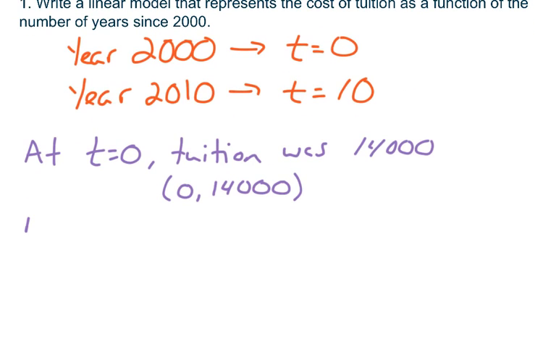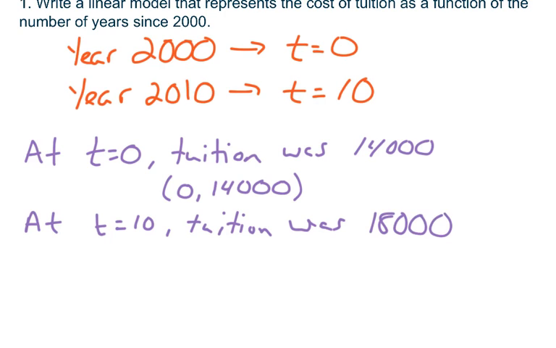It also says that at t equals 10, in 2010, the tuition was $18,000. So another ordered pair, (10, 18,000).